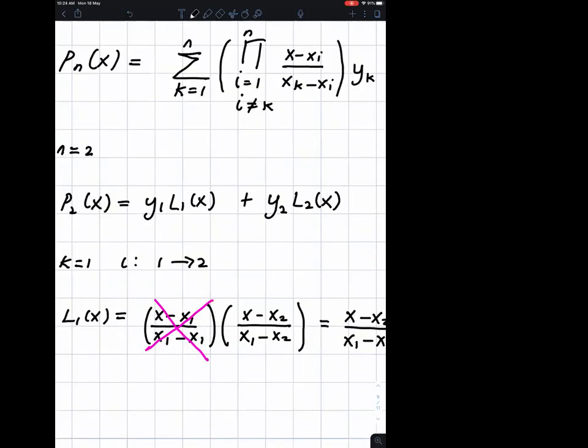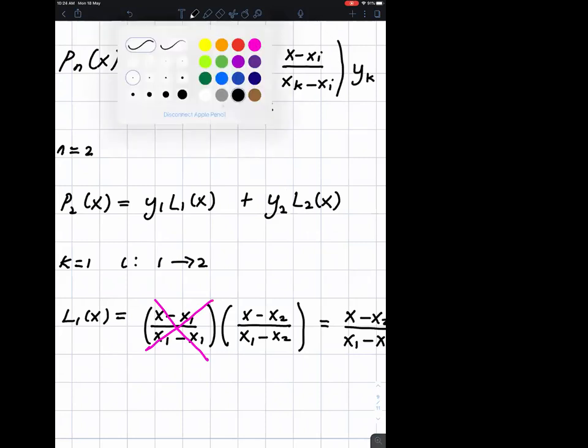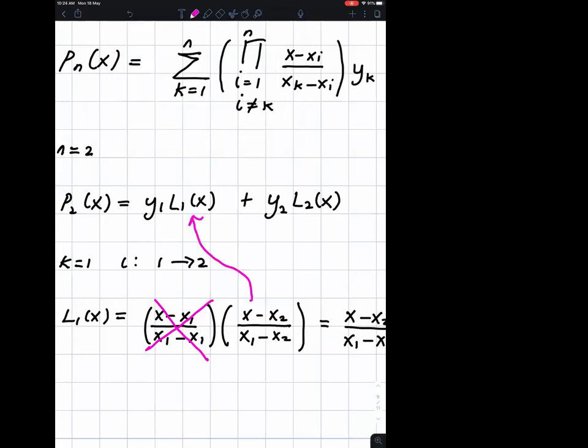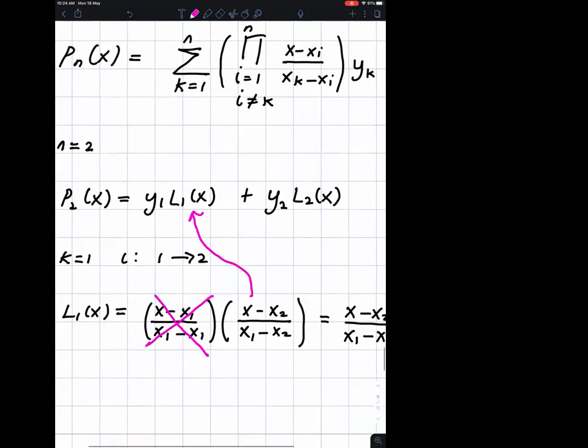For right now, we are only developing L1. Later on, when we have L(x) here, we're going to put it inside here. Okay?